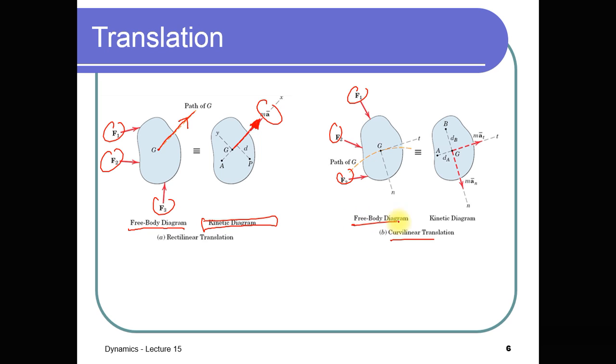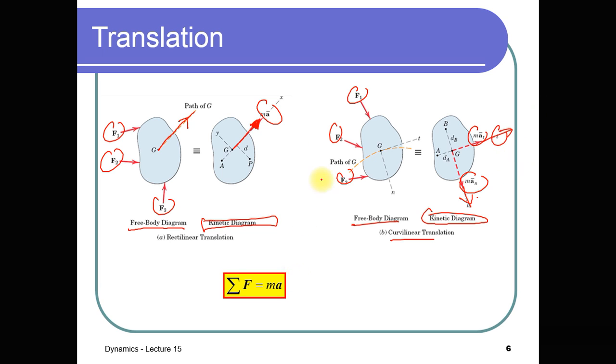This is the free body diagram, and it is equal to the kinetic diagram, where, since this is curvilinear, we should consider the tangential and normal axes, and look into the tangential and normal action that occur.